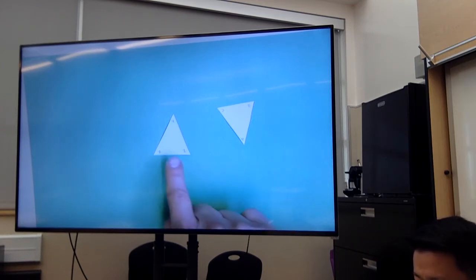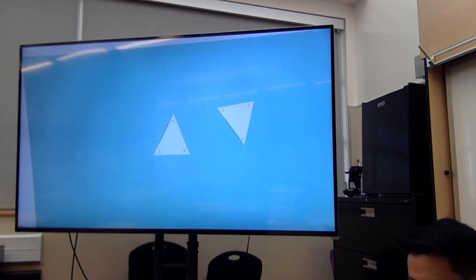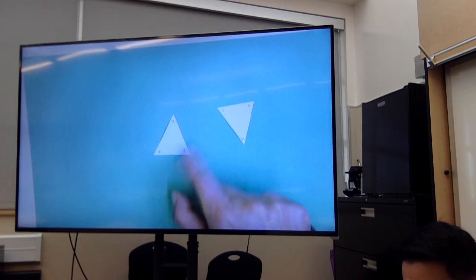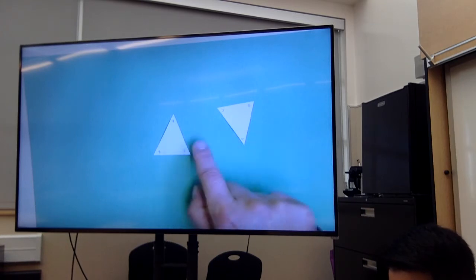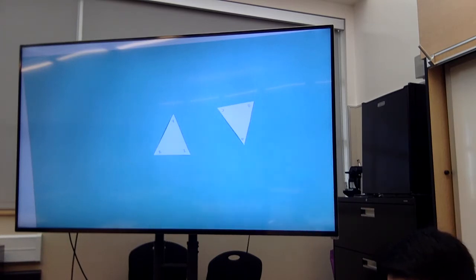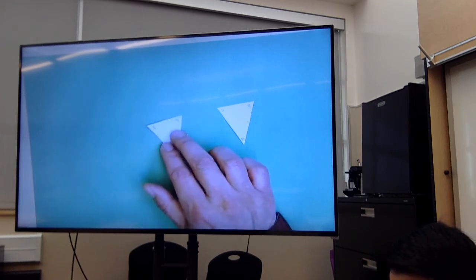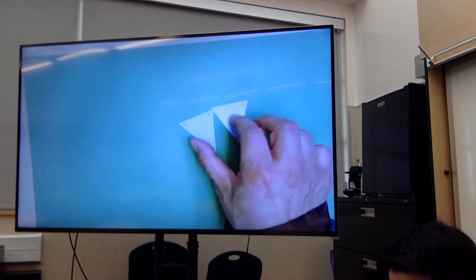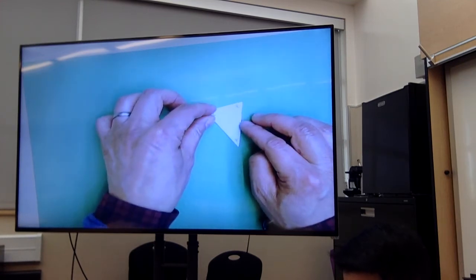Can you move one of these so that it maps right on top of the other one? Can you do a series of rigid motions? Rigid meaning you don't change the size of the angles or the length of the sides. Can you move one of these shapes so it maps on top of the other? And you can. Here you could do a rotation, and then a horizontal translation to the right, and it would map right on top of it.